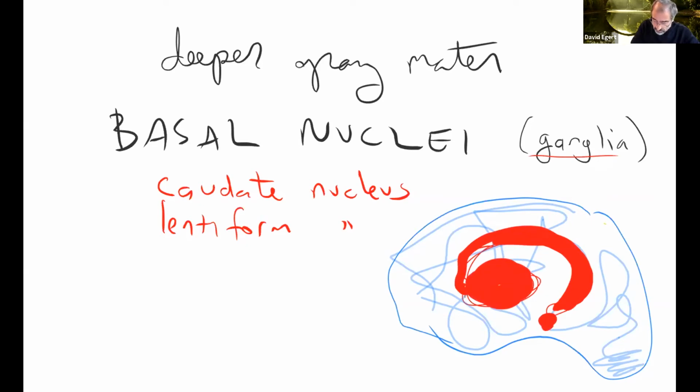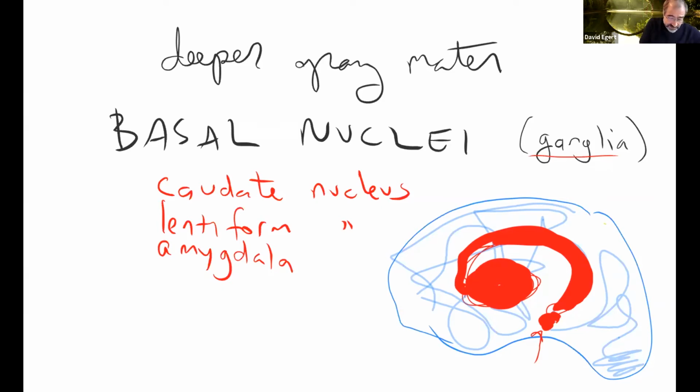There's going to be another little one down here at the tip of the caudate, called the amygdala, which is important. We'll talk about amygdala or amygdaloid nucleus. Amygdaloid means almond shaped. It's kind of almond shaped.